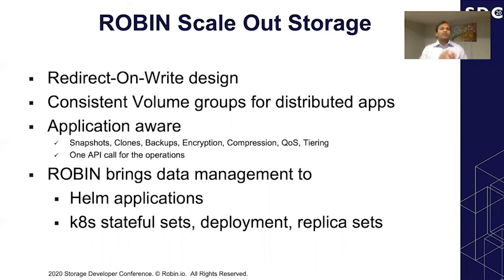All snapshots, as we talked about, cloning, and backups are application aware, and snapshots and backups contain the entire state, which means all the Kubernetes objects associated with this particular application, and all the PVCs and their data, are captured in one shot and associated with one unique identifier.